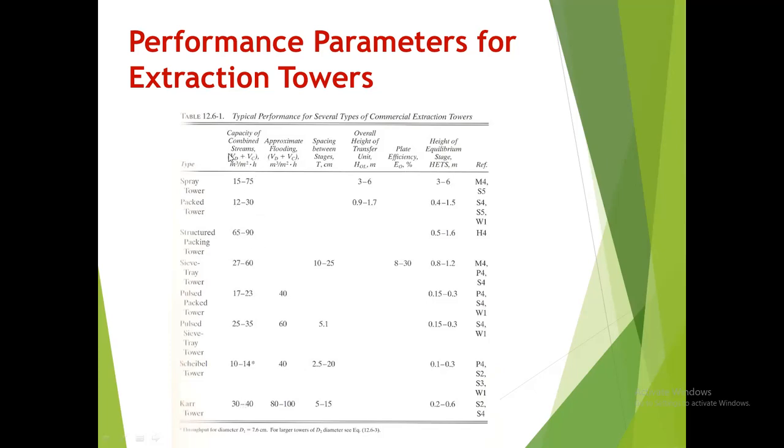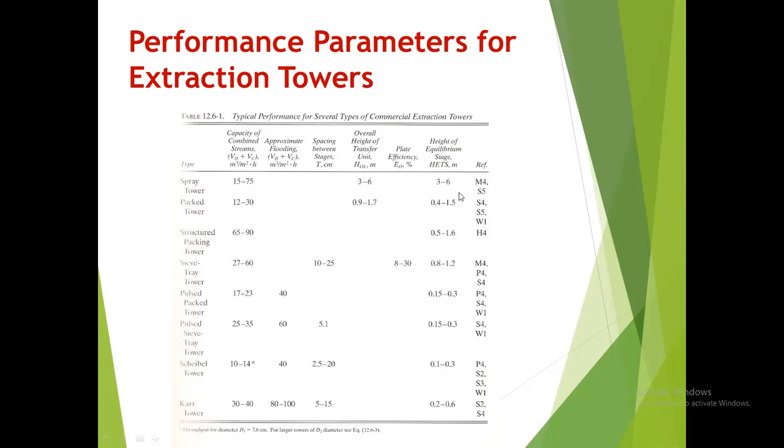So this is the combined capacity, not at flooding, but 50% of the flooding. And for a particular type of tower, you have here the height of equilibrium stage, the range of the HETS. So what would be the proper HETS, the actual HETS that you're going to substitute into a particular problem?